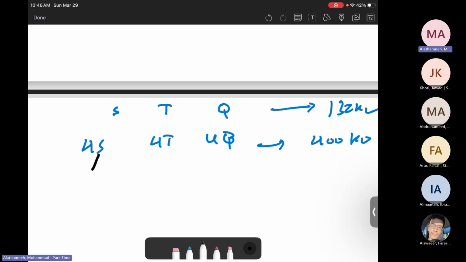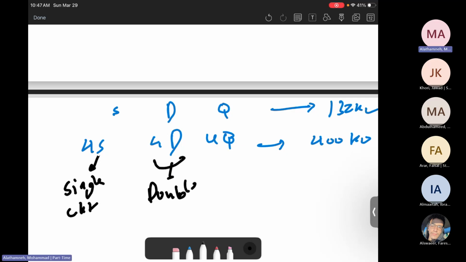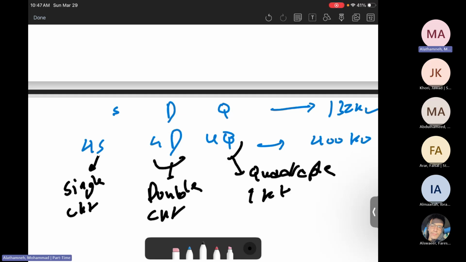Then S means single circuits. D means double circuits, or 2 circuits. Then the last one is the quadruple circuit. So you must distinguish between all of these notations.